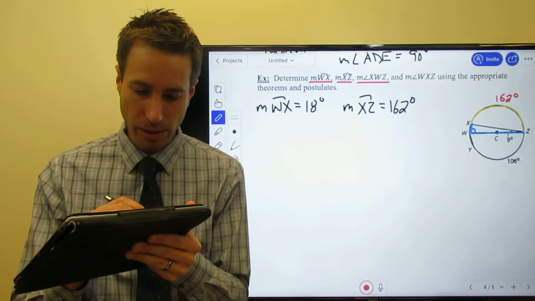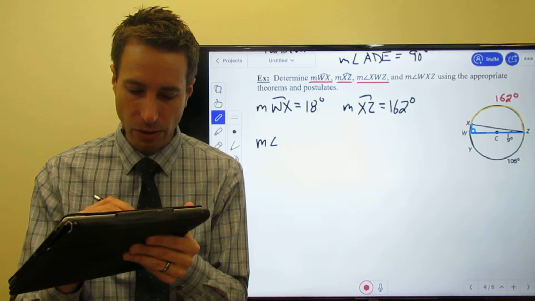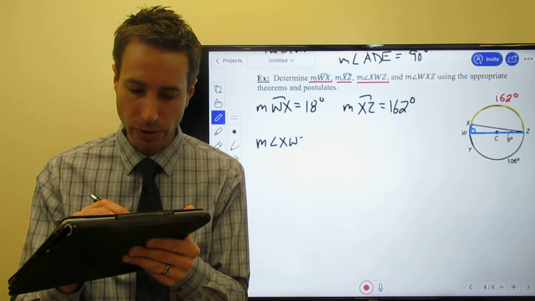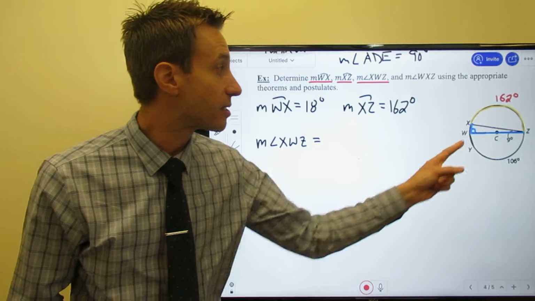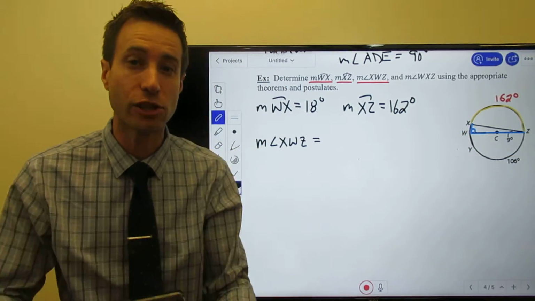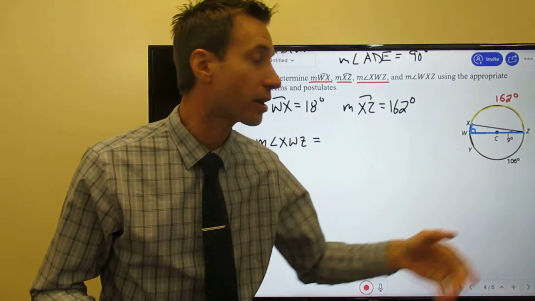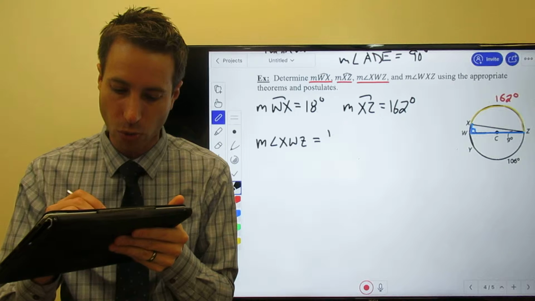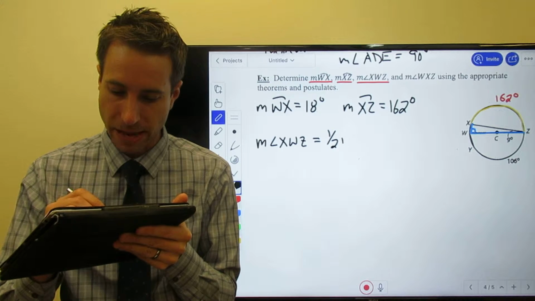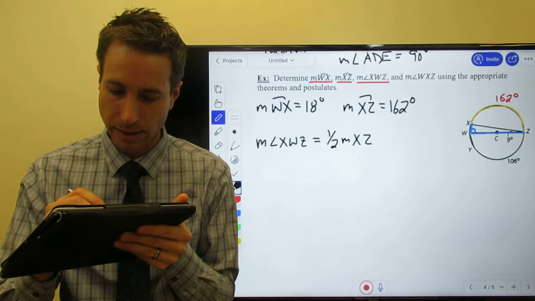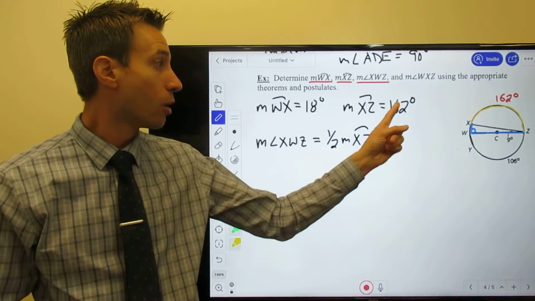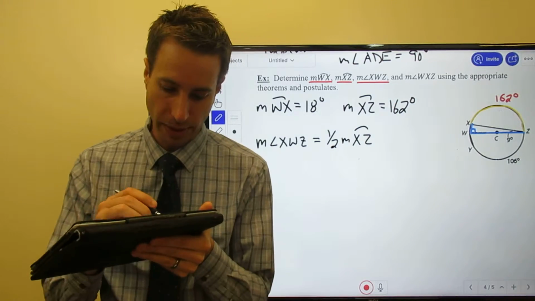So the measure of angle XWZ is the inscribed angle for the arc XZ. So it has to be equal to 1/2 of the measure of arc XZ, which we know. We just found it.